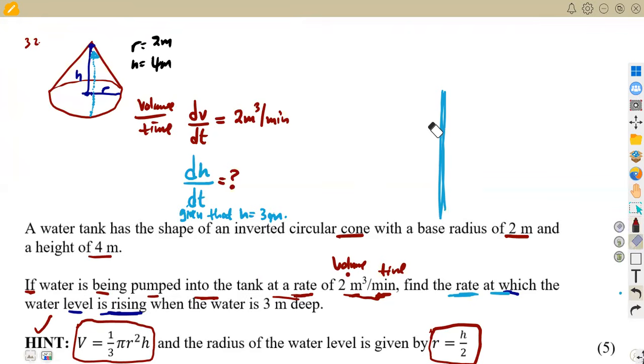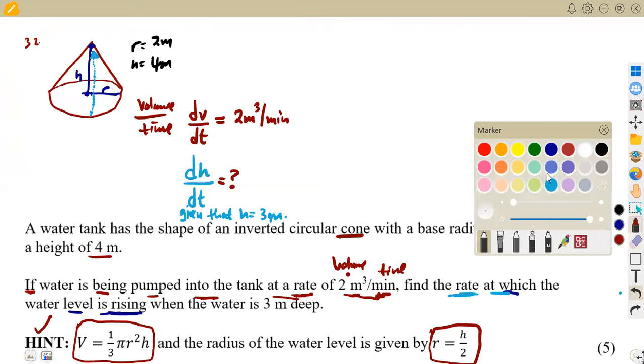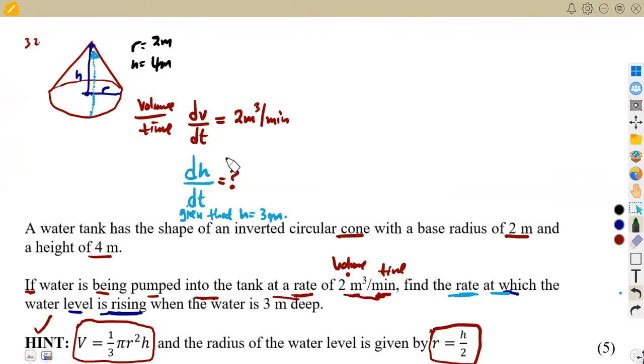All right, this is what was supposed to happen, guys. I explained it before from that formula. When you are talking about the change of volume with respect to time, it can be affected by two things from this formula. It can be affected by the radius, or it can be affected by the height. But here we are given a height. So we must use the formula for the volume with respect to time when affected by the height.